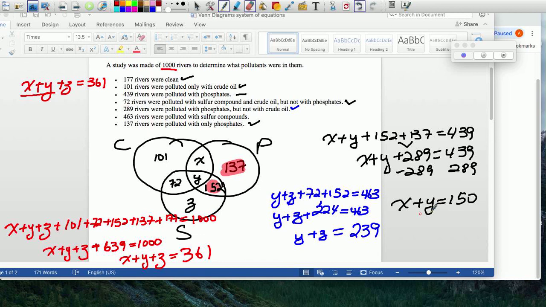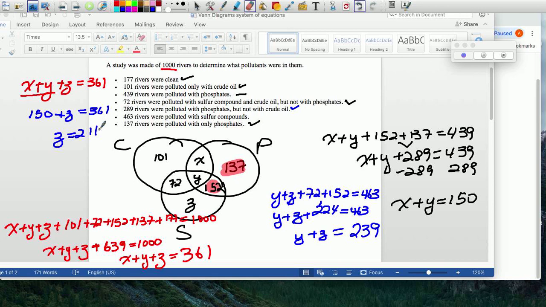Because look, I know that x plus y equals 150. So I can replace it with 150. So I can have 150 plus z equals 361, right? So now I can subtract 150 from each side, and I'm going to have z left over, and 361 minus 150 is going to be 211.